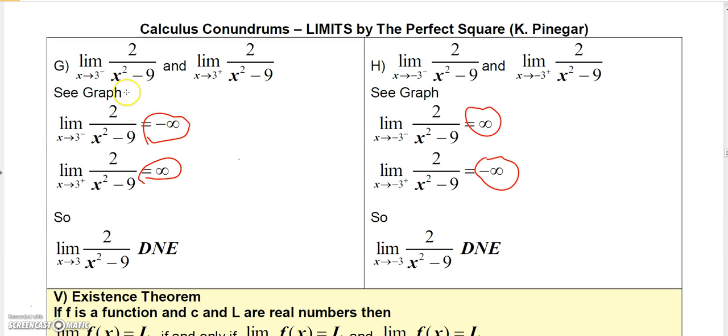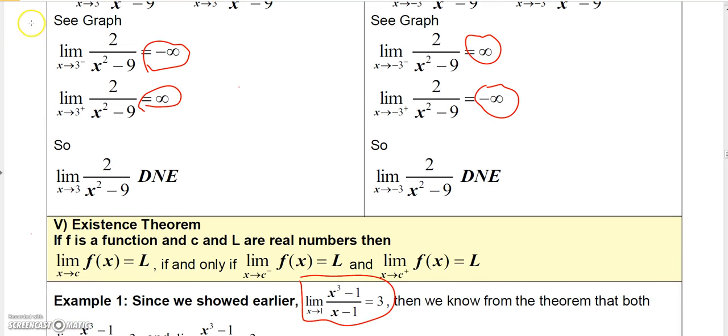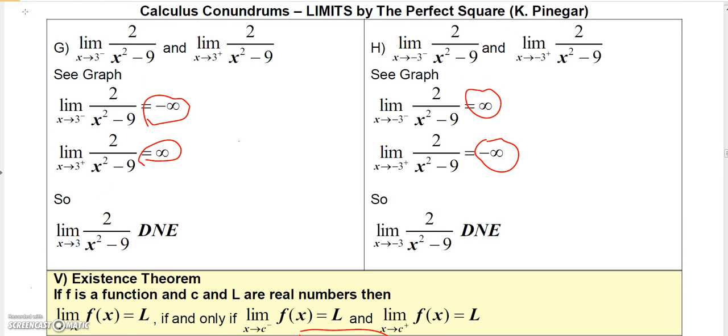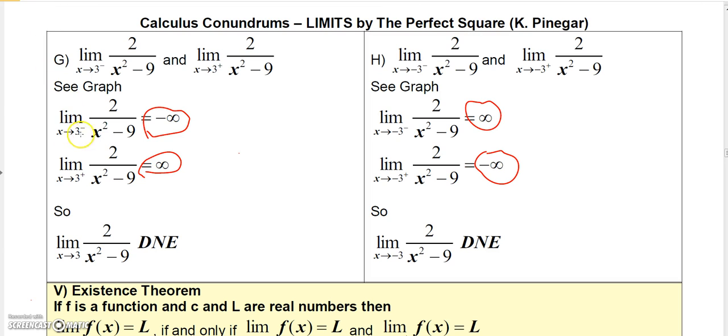Well, that leads us into vertical asymptotes. I'm going to show you how to identify vertical asymptotes in the next video. Vertical asymptotes are related to the functions where, when you let x approach a number, you get infinity or negative infinity.